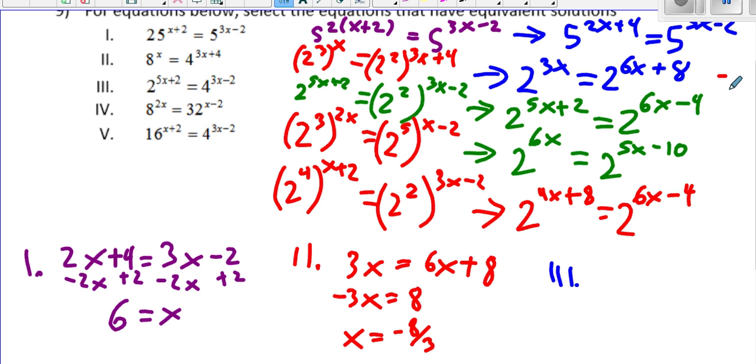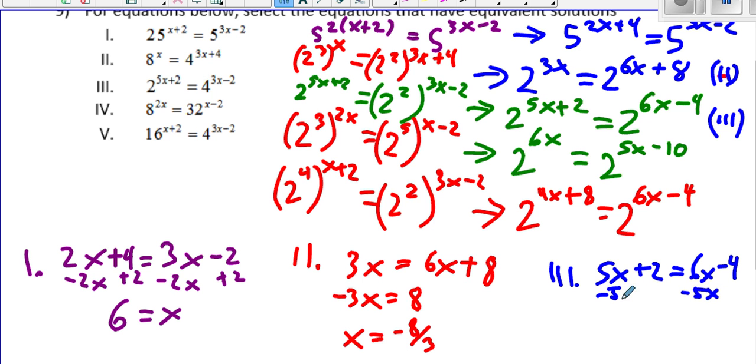Equation 3, this one right here. Cancel out your bases, you get 5x plus 2 equals 6x minus 4. Get your x's together, so minus 5x. And then we're going to add the 4 to the other side. Get 6 equals x.